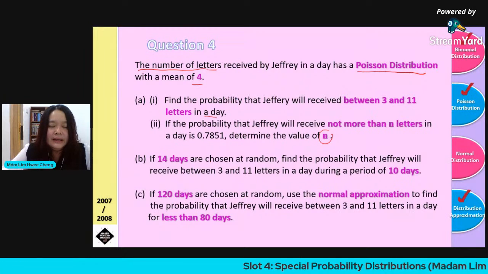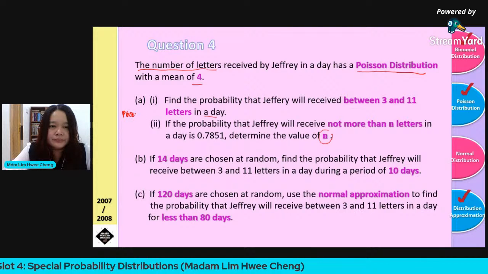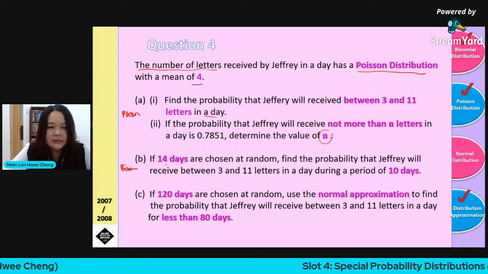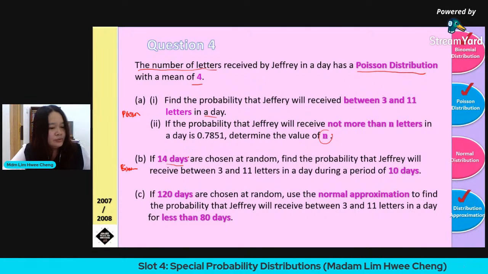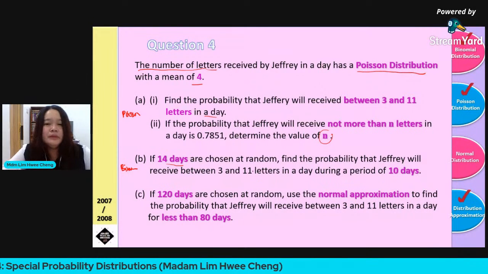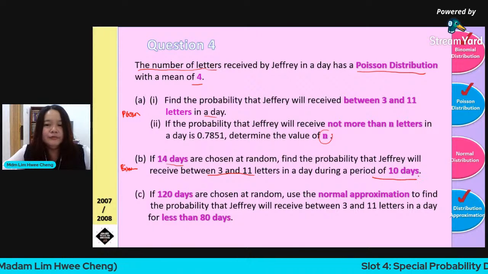Okay, if 14 days are chosen at random, dia tukar. First part ini still Poisson. Second part, dia tukar, they become a binomial. You see, if 14 days are chosen at random.